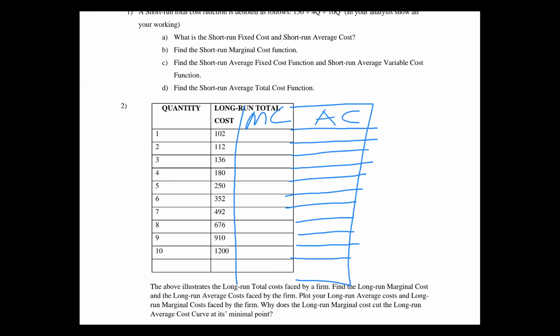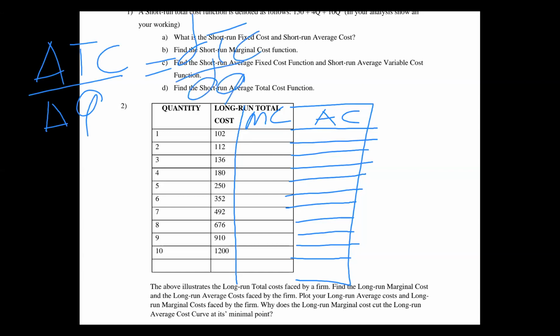How do we find the marginal cost? Marginal cost is found by saying change in total cost divided by change in what? In output. That's the formula, which is also equal to dTC/dQ, that is if you use calculus. We use calculus for functions when you're given a function.